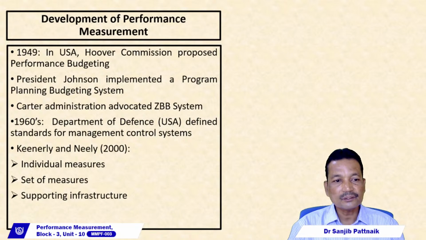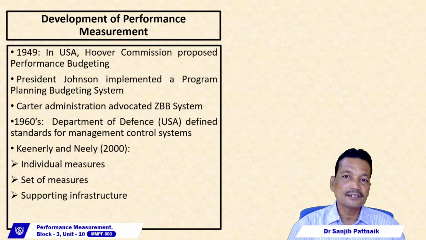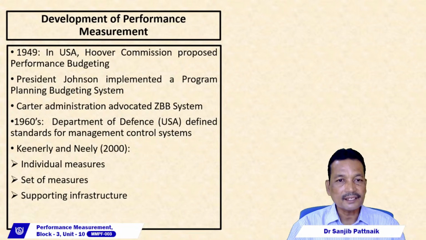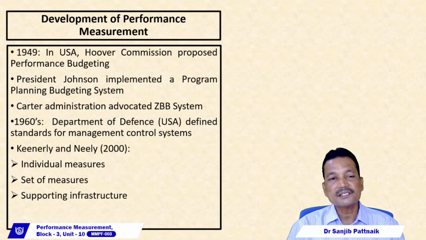So if we look at the history of this performance management, we can have certain insights into that now. In 1949, the Hoover Commission in USA proposed performance budgeting.